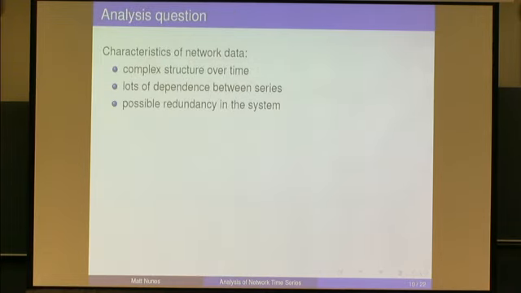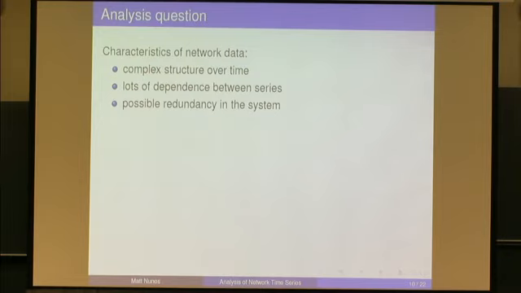The earlier motivation for this is that for high dimensional time series across networks, the complex structure is quite evident. We have structure over time as well as over the network itself. And there's possible redundancy in the system. What I mean by that is, because we've got all this dependence, when we come to analyzing this data, we need to take into account this correlation across time and across the network, but perhaps we don't need to do that fully.